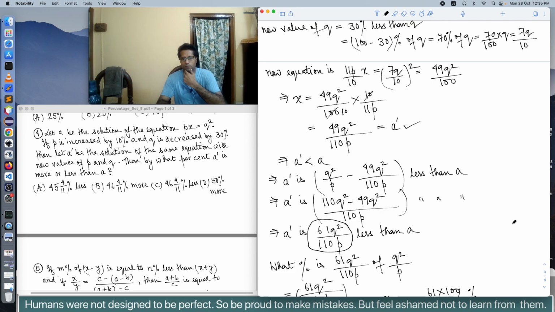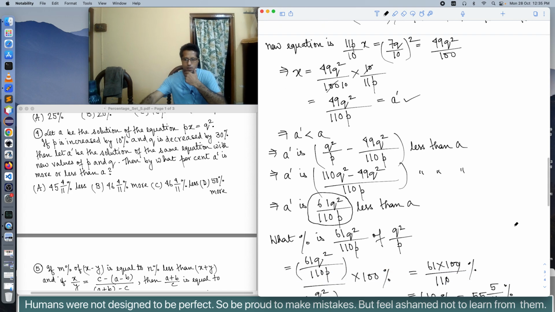Since A is more, it is Q square by P minus 49 Q square by 110 P, which is 110 Q square minus 49 Q square by 110 P. And 110 minus 49 is 61, so 61 Q square by 110 P. So A dash is less than A by 61 Q square by 110 P.